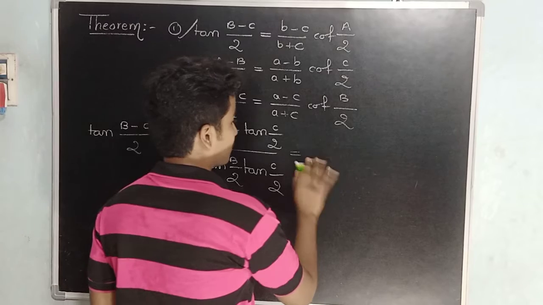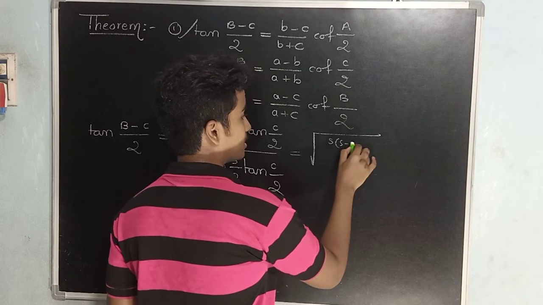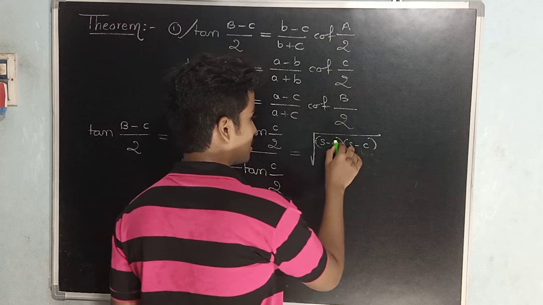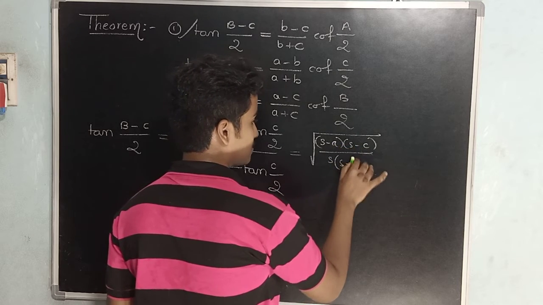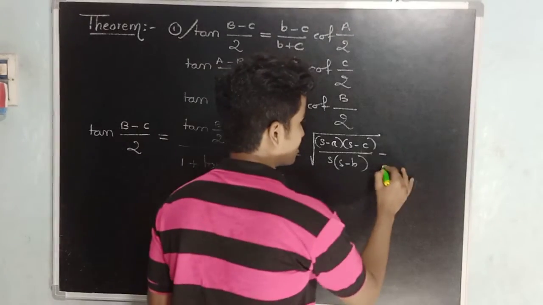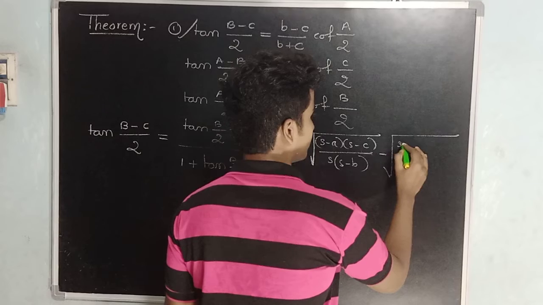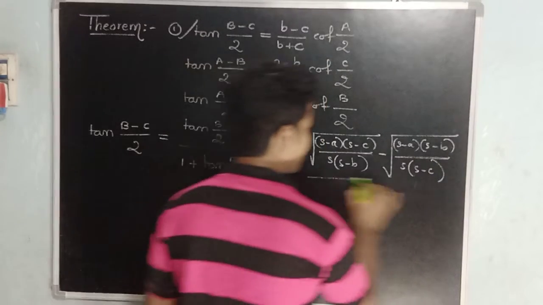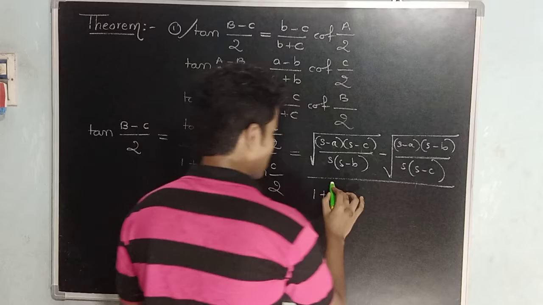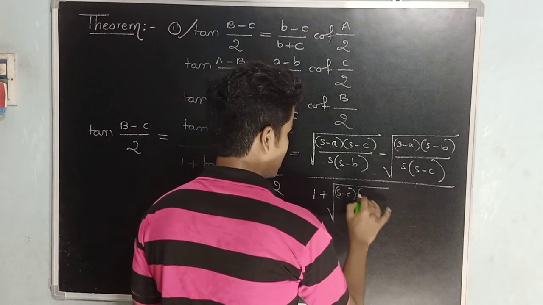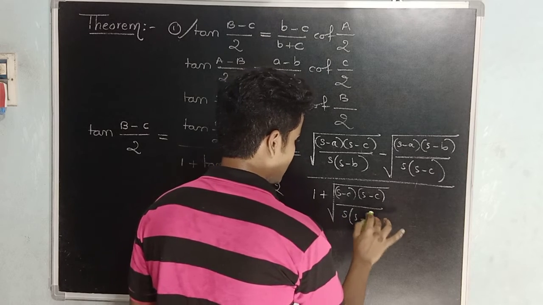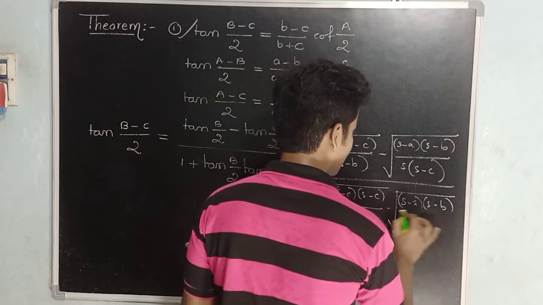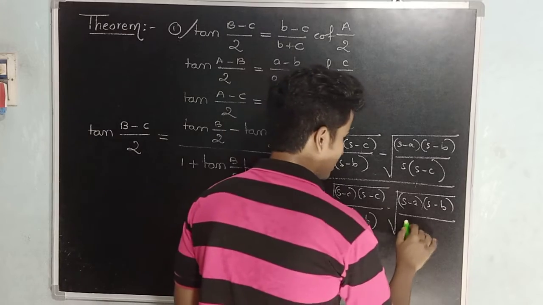Tan b by 2 is nothing but root of (s minus a)(s minus c) by s(s minus b), minus root of (s minus a)(s minus b) by s(s minus c), by 1 plus root of (s minus a)(s minus c) by s(s minus b) into root of (s minus a)(s minus b) by s(s minus c).